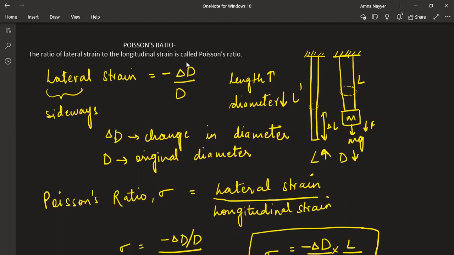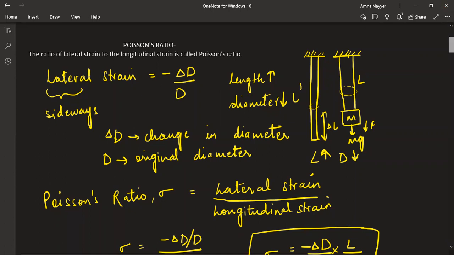So lateral strain's formula is minus delta D by capital D. Delta D is the change in diameter, capital D is the original diameter. Like change in length by original length we are writing, similarly change in diameter by original diameter. Now Poisson's ratio is lateral strain by longitudinal strain.